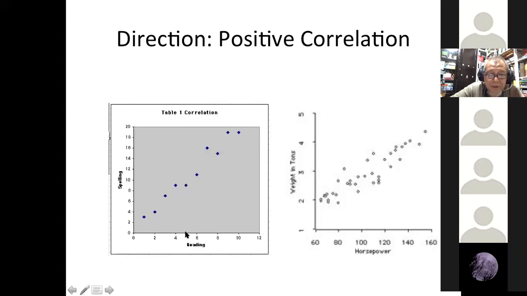It means that when someone is high in one variable, he will also be high in the other variable. So they are going in the same direction. High in one variable, high also in the other variable. Or when low in one variable, then they will also be low in the other variable. So the direction is the same. We call it positive correlation.